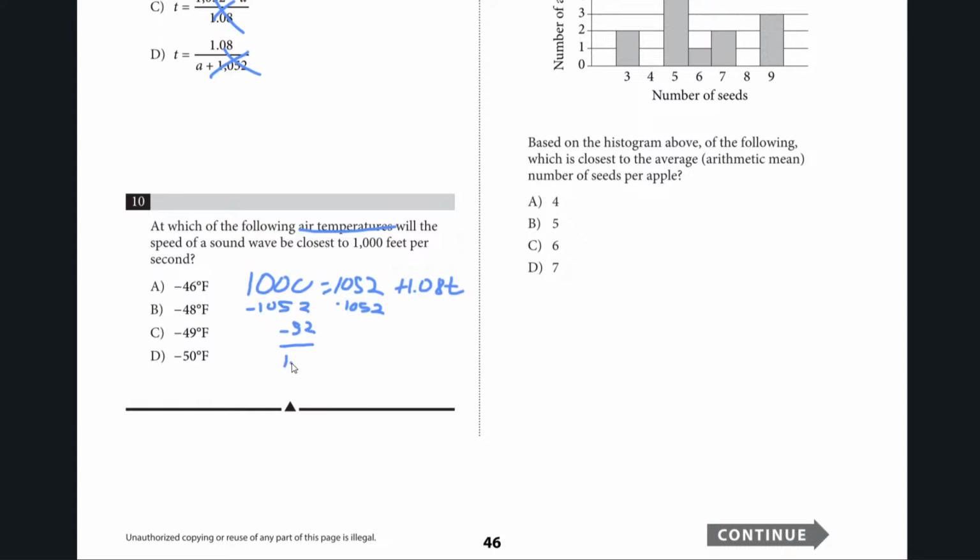Then we divide by 1.08. Let me pull out my calculator. That gives us about negative 48 in this case.